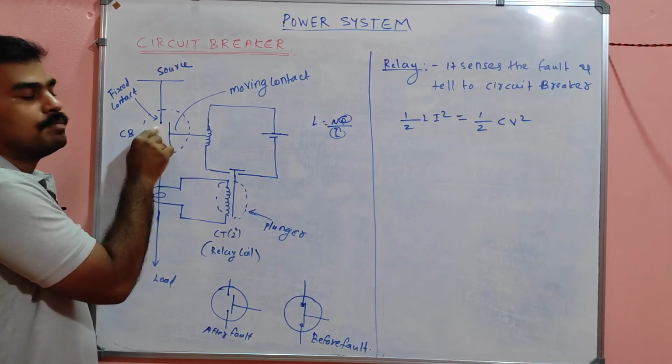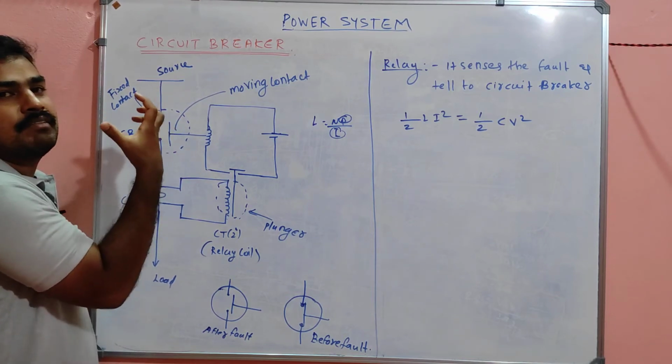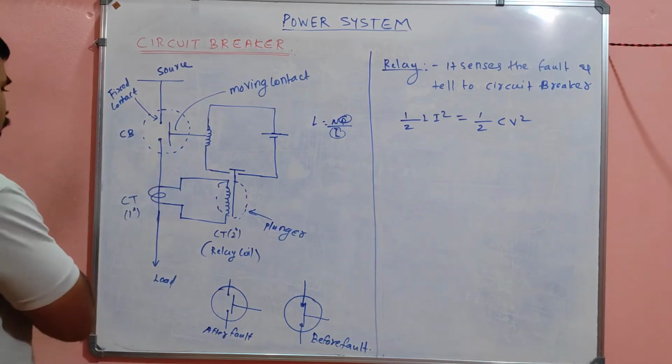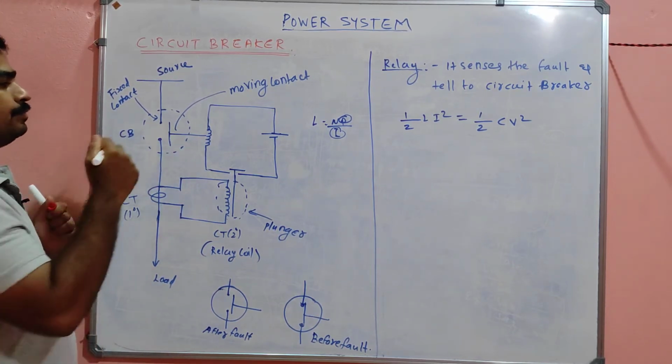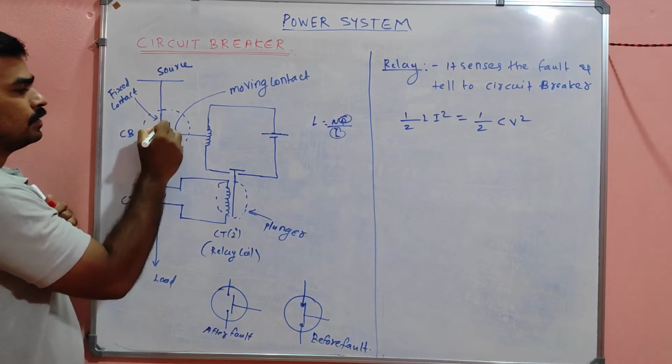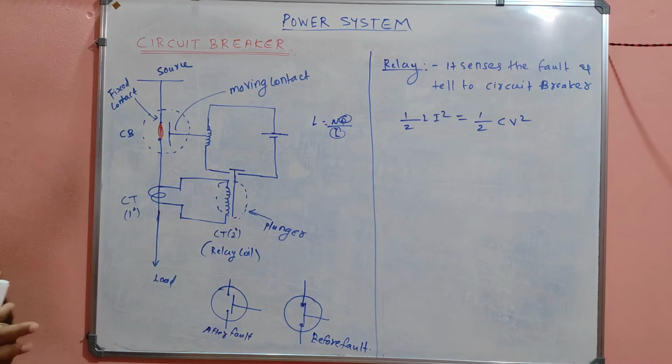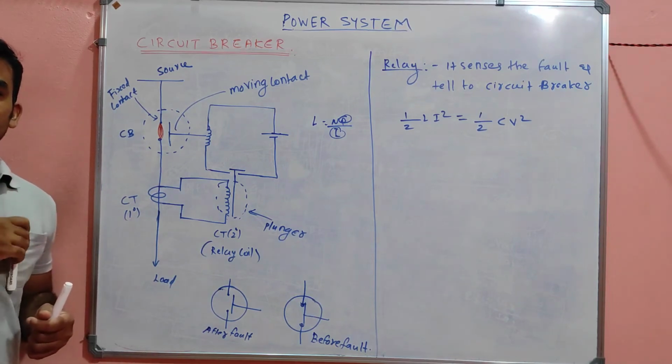A capacitance is formed, an electric stress is created, and that stress will produce an arc here. Is it clear?